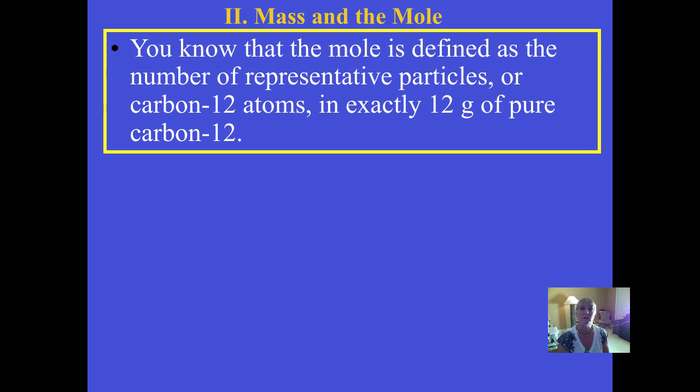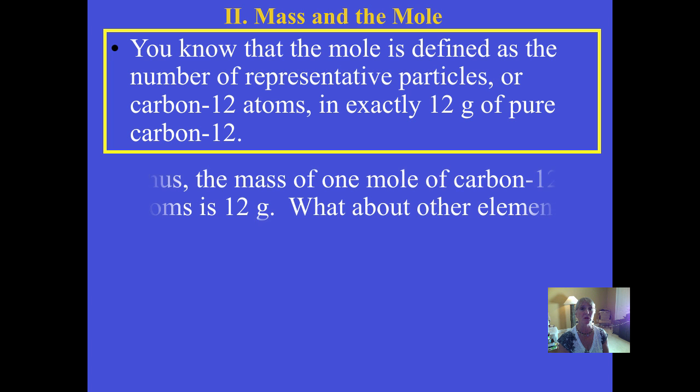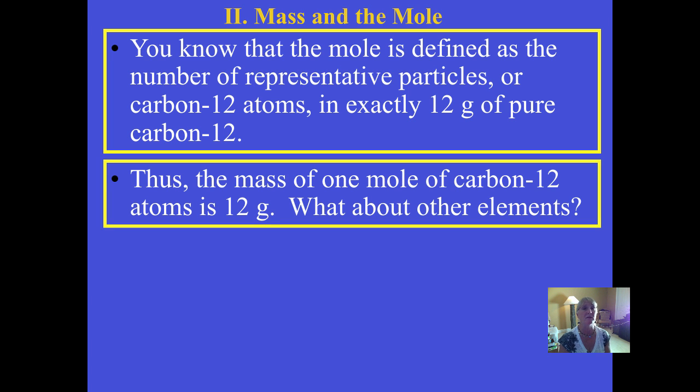So if a mole is defined as the number of representative particles, or carbon-12 atoms, in exactly 12 grams of pure carbon, then the mass of an entire mole of carbon is going to be 12 grams. Let's repeat that. The mass of one carbon atom is 12 atomic mass units.